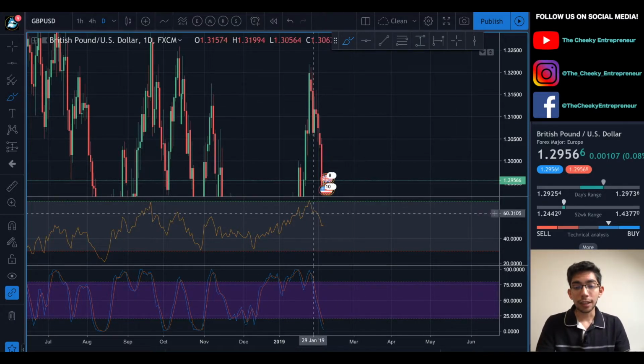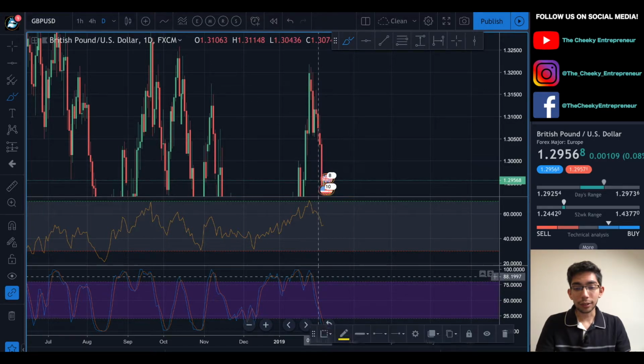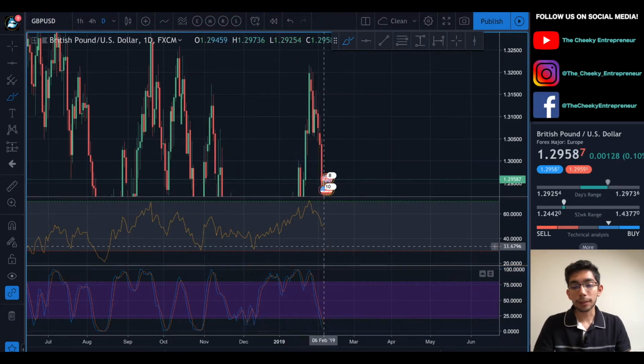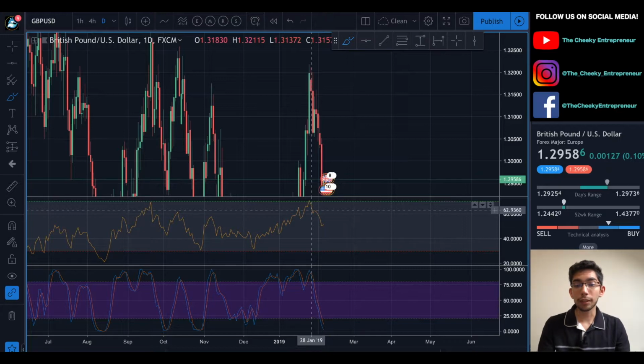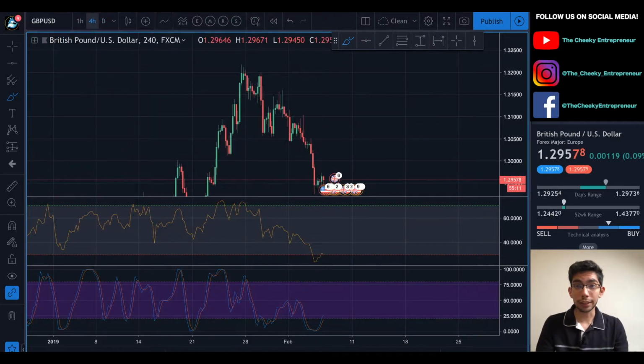Even in here you can take a look at the stochastics. It's also overbought. You have an overbought territory here in the RSI, so a trade to the downside would only be logical because you are having the same in all these time frames.